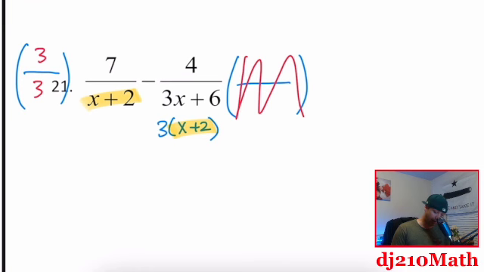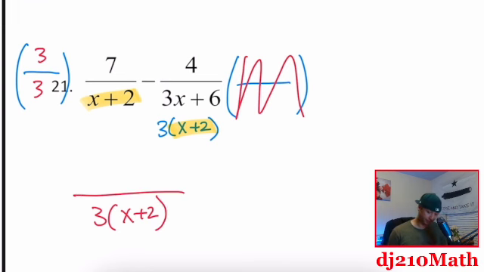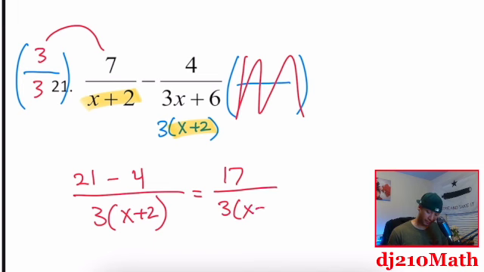So what we have, denominator-wise, 3 times x plus 2, all over 3 times 7 is 21 minus 4. 21 minus 4, 17. 3 times x plus 2. Final answer.